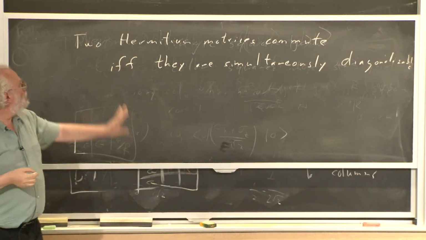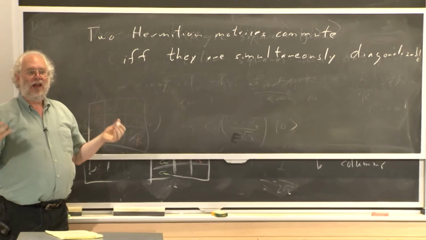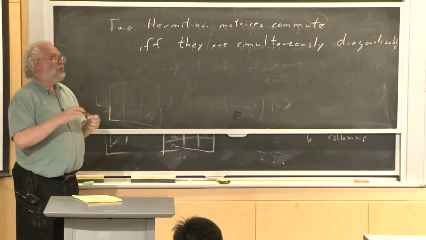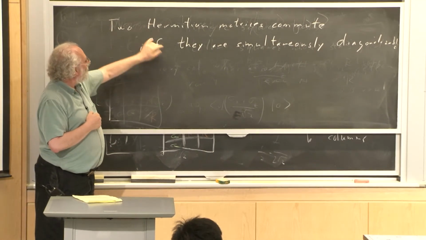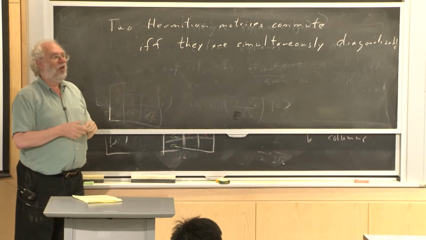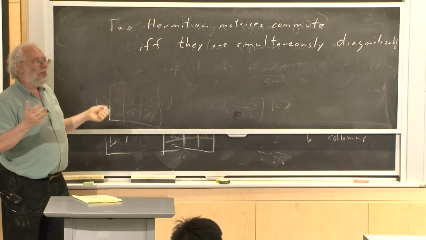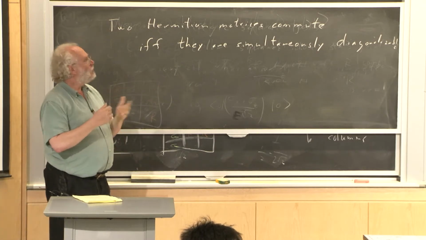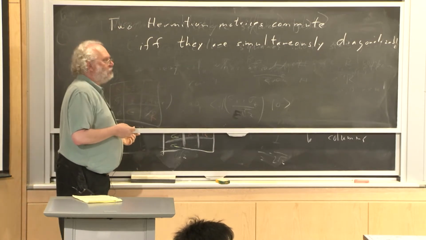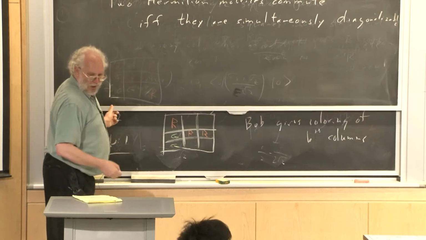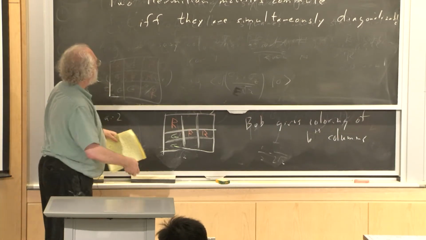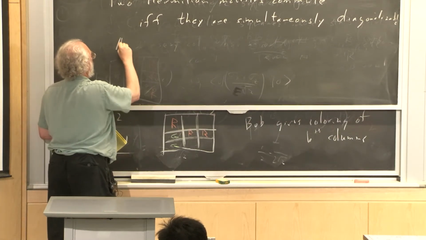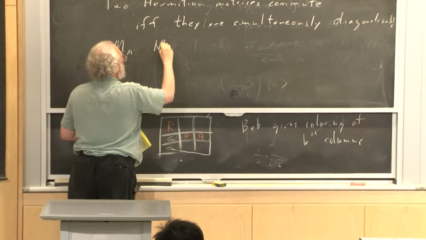And actually, this is true for a much broader class of matrices than Hermitian matrices. But since not all matrices are diagonalizable, not all matrices are simultaneously diagonalizable. So let's call these matrices M_A and M_B.